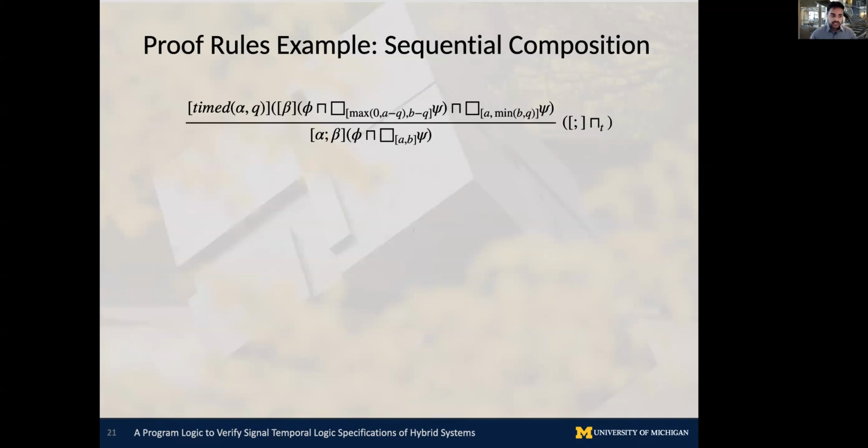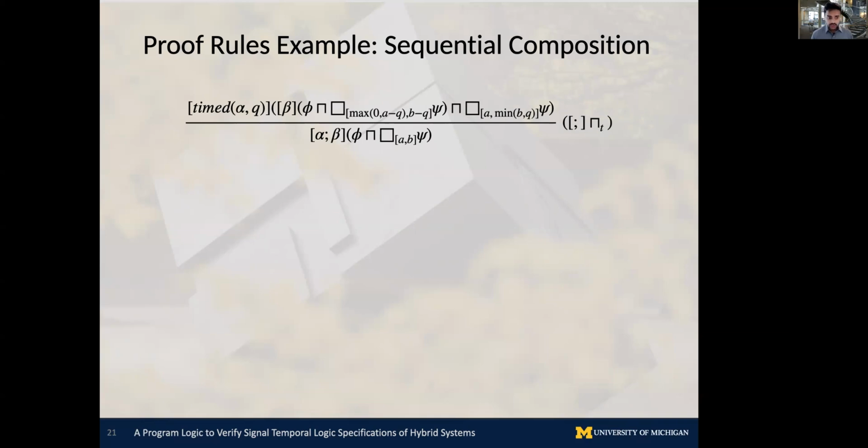So that was assignment. Let's now move on to a more complicated proof rule, the sequential composition of two traces. One of the rules for sequential composition of hybrid programs alpha and beta is shown on the slide. Recall this is represented using this semicolon operator.